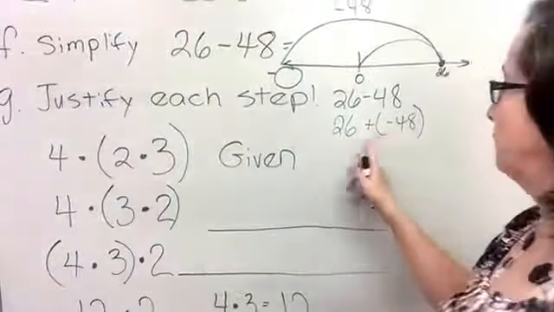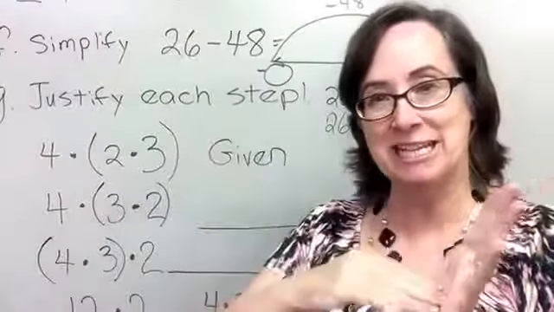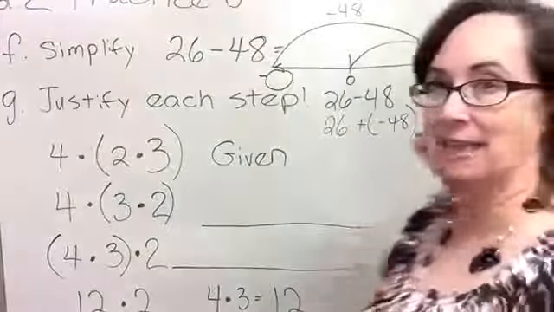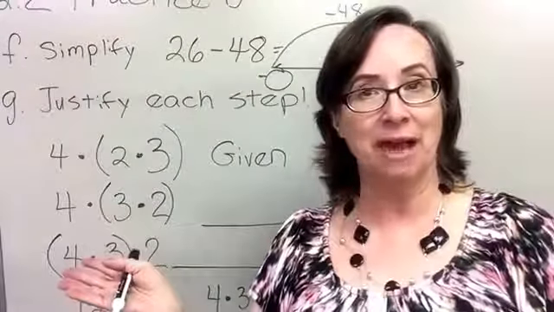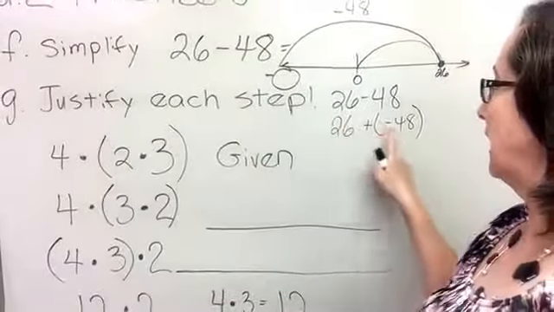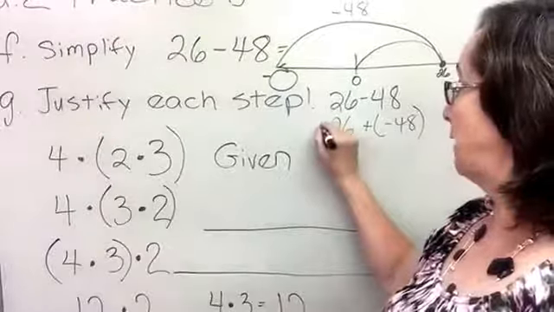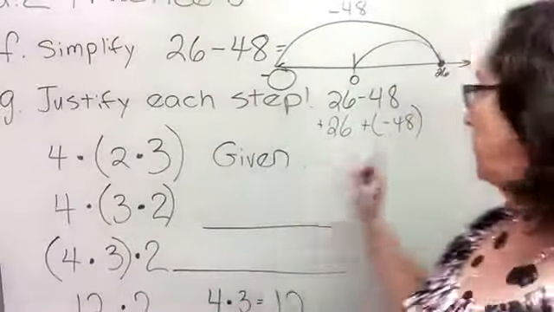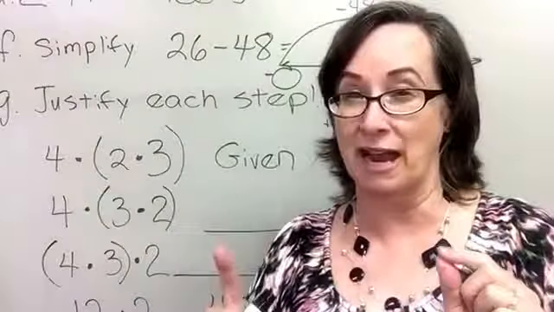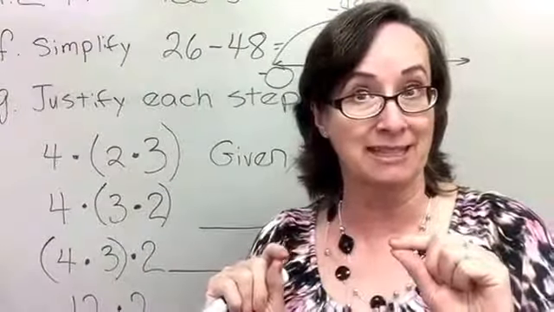So to find the difference, now that I've changed my subtraction into addition of the opposite, or attached that minus sign, now I can use my addition rules. Am I adding like signs or opposite signs? The 26 is positive, isn't it? But the 48 is negative, so I have opposite signs, therefore I will subtract the two absolute values, which are the numbers without the signs, right?